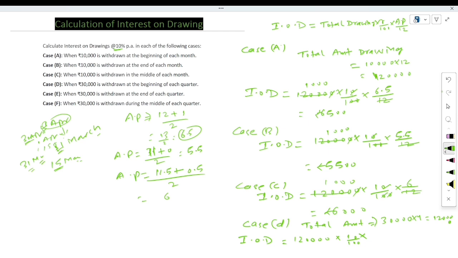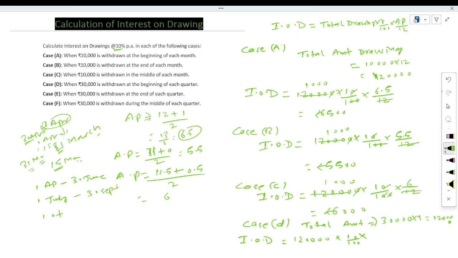How is he withdrawing? He is withdrawing at the beginning of each quarter. What will be the first quarter? 1st April to 30th June, first quarter. Now 1st July to 30th September, this will be the second quarter.